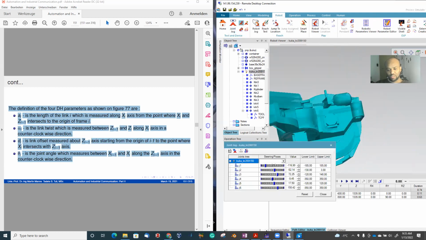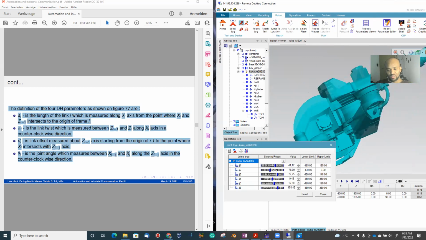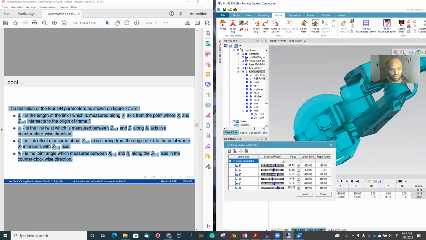If I measure this one and then check this one, I have a twist angle for joint 2.